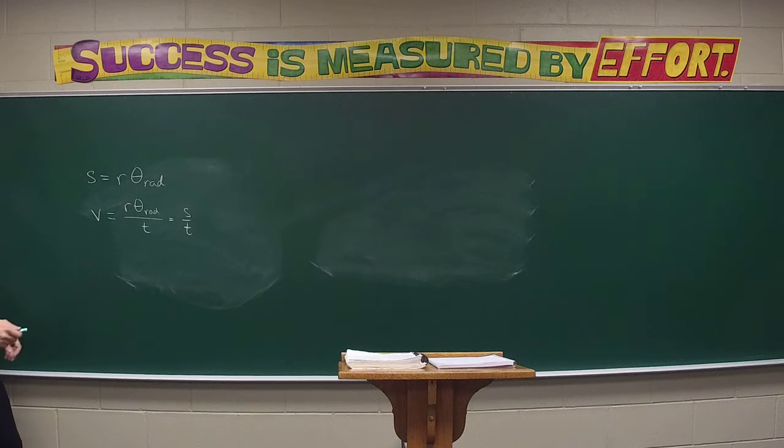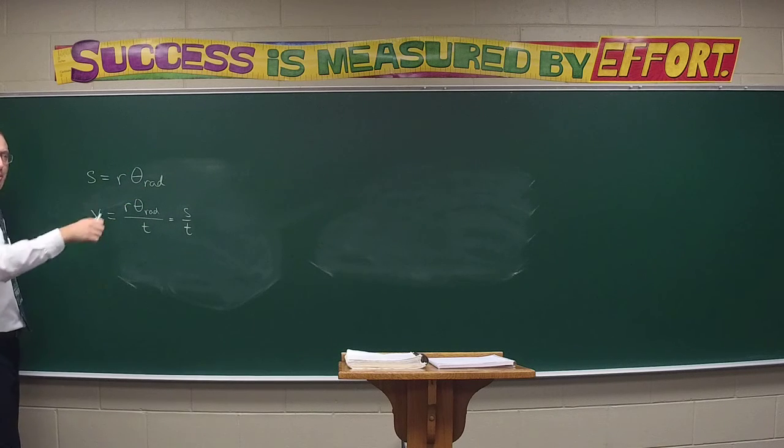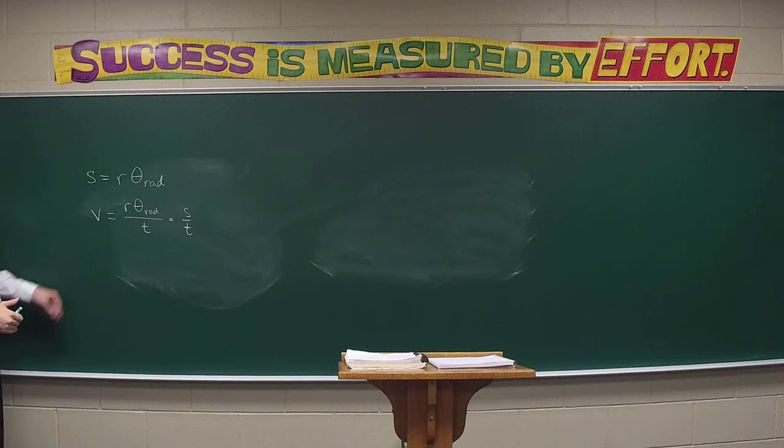And then we talked about not so much how fast is the object going around the circle, but how fast is the circle itself spinning. Not so much how far does it travel per unit time, but how much of an angle is rotated per unit time. What do we call that? Not linear velocity, but angular velocity. We didn't use V, we used a Greek letter.